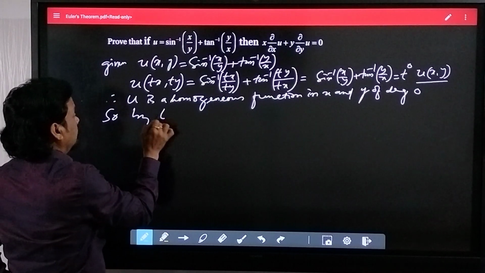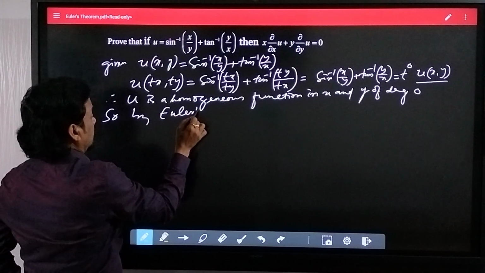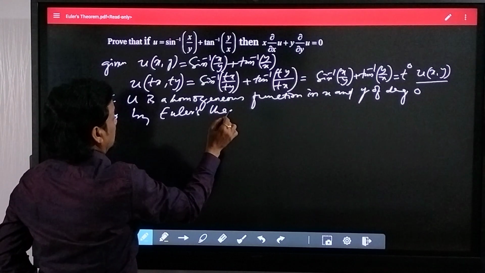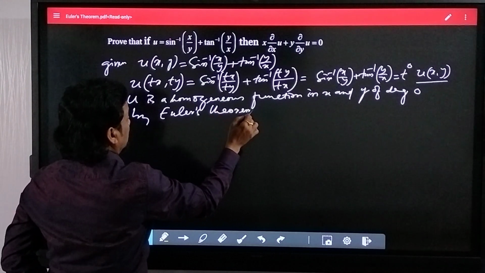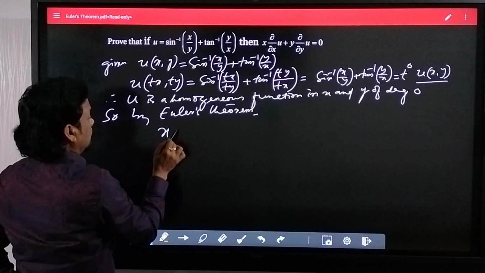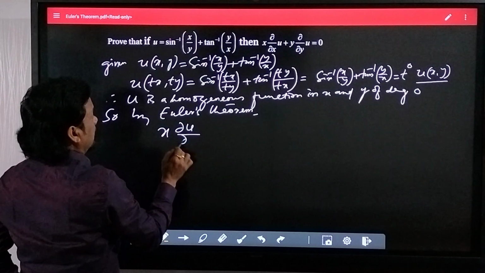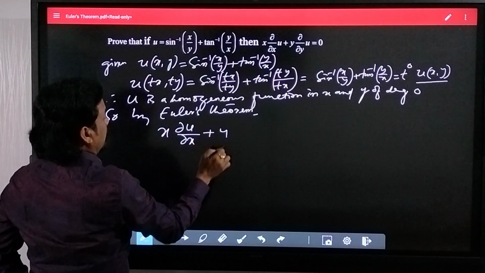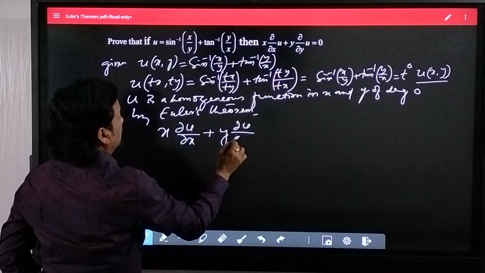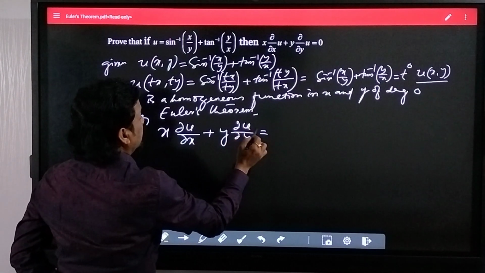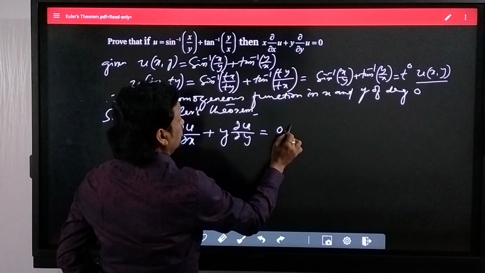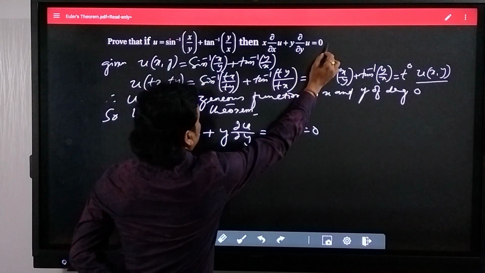So, by Euler's theorem, x del u by del x plus y del u by del y is equal to the degree. Here the degree is 0, so 0 into u, which is equal to 0. We have done it.